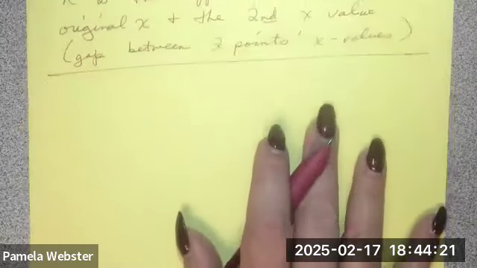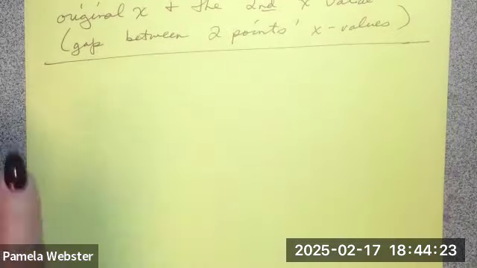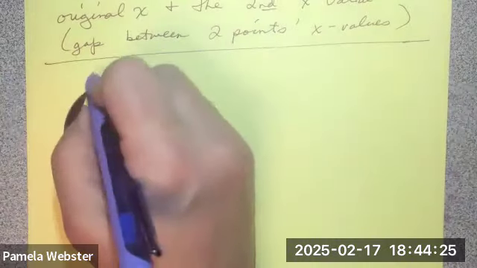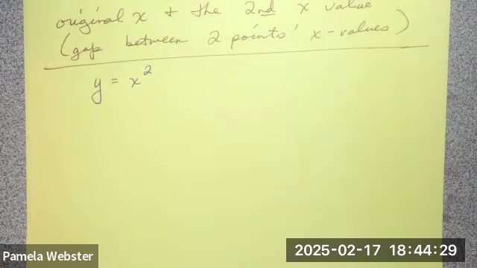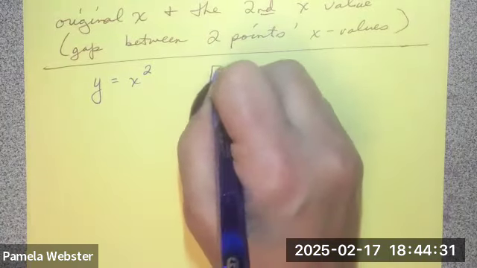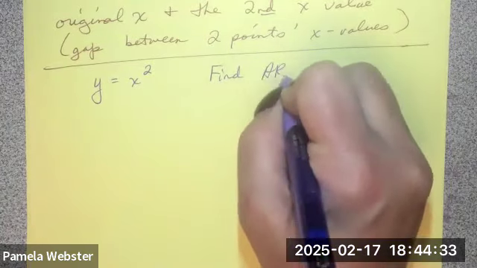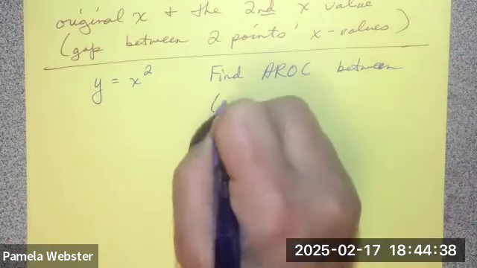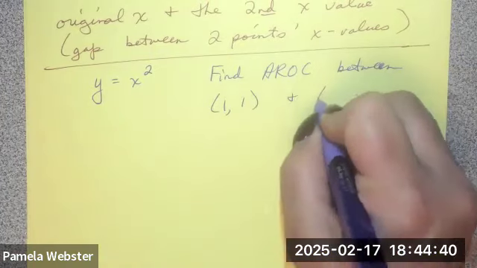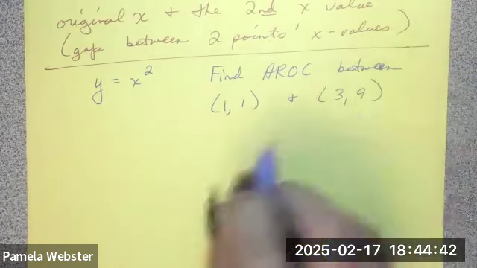So here's another point for you to work on. We're going to stick with the same stuff, y equals x squared. And now find the average rate of change between the points (1, 1), which we already did, and (3, 9).